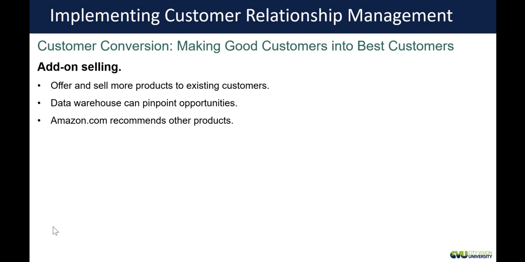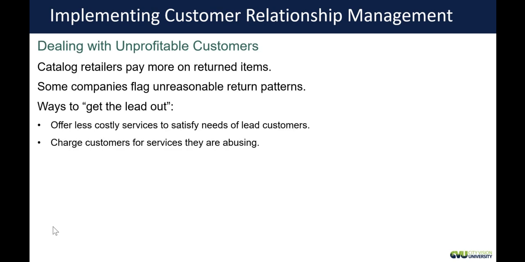Using the data that we have, I mentioned in the previous lecture that Amazon.com does really well saying, hey, people who bought these products also bought these products, right? They're recommending other products to move you from a good customer into a better customer. That's a key area of converting you and moving you through the value pyramid.